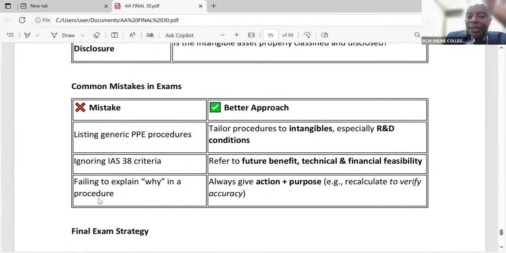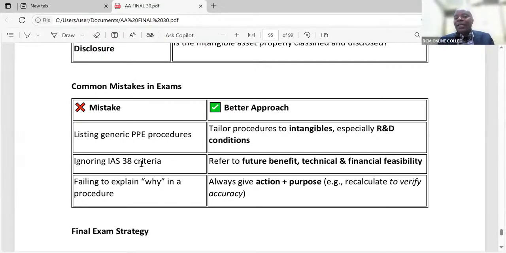Common mistakes in exams. Mistake: listing generic property, plant and equipment procedures, for the tangible assets. You must always talk about intangibles, IAS 38. Tailor procedures to intangibles, especially research and development conditions.